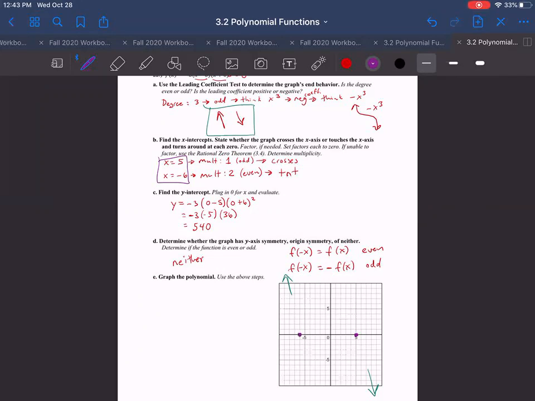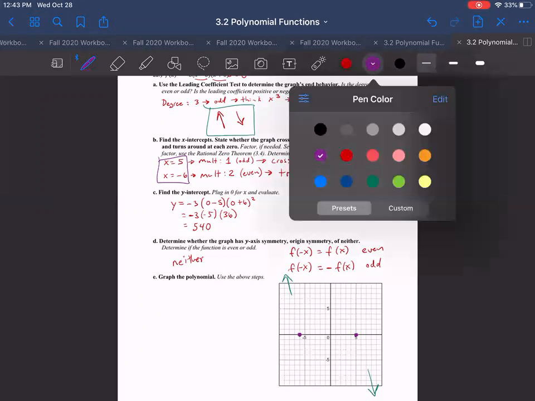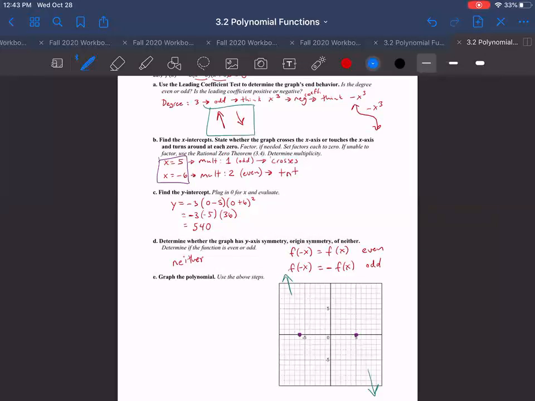So those are x-intercepts. If I look at the x equals 5, I see that it crosses. So I know it's going to cross like this because out here it's going down. So it has to cross in that direction in order to do that.